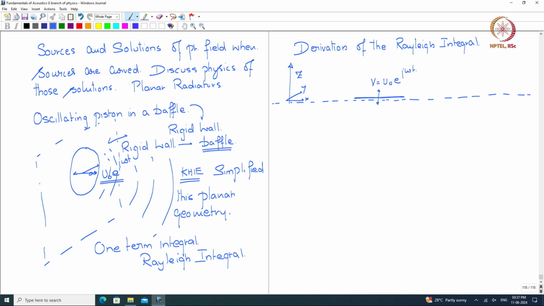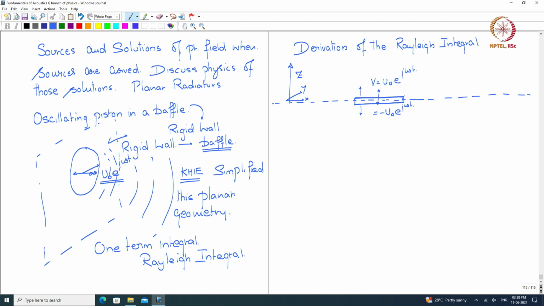Now there is another plate right beneath this imaginary plane which has the velocity minus u0 e to the power j omega t. So as this goes up, this goes down, and let me say that they are very close to the mean surface and this dimension is very small.